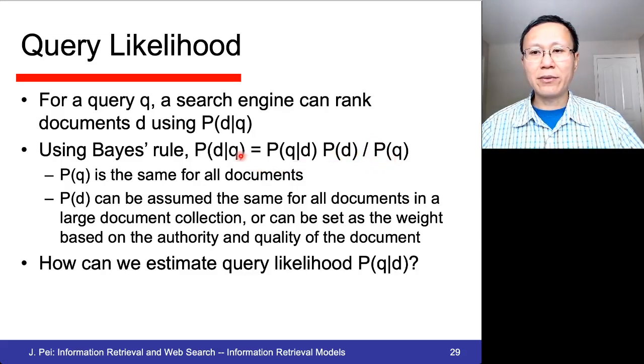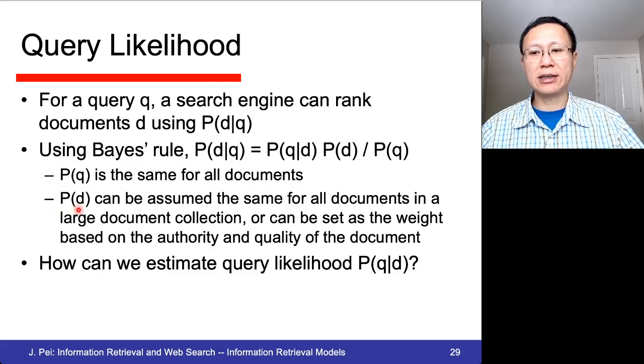Now, we can easily see that once Q is given, the probability of Q is the same for all the documents. P(Q) is the probability that a user may ask question Q. And P(D) can be assumed the same for all documents in a large document collection, or can be set as a weight based on the authority or quality of the document.